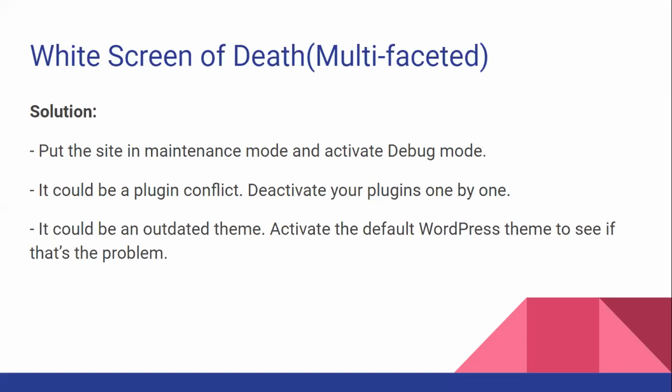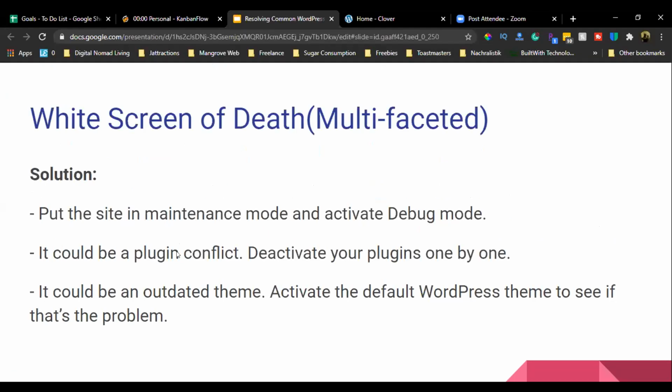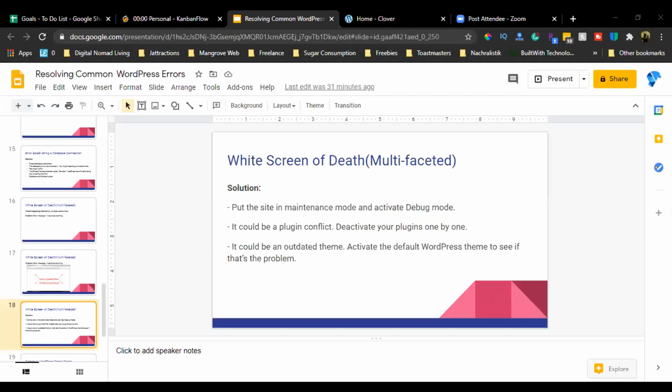Now I'll go to the WP config file. Let me see if I can show you here. A lot of things going on, but one of the examples, WP config, and there is a debug phase here.